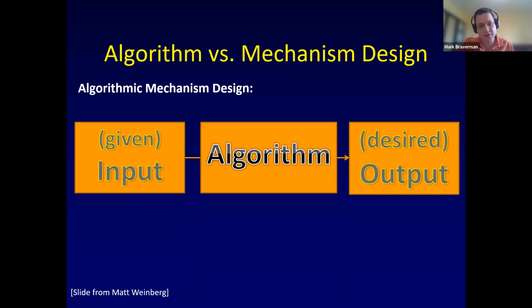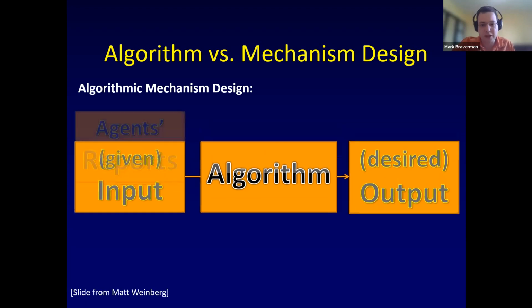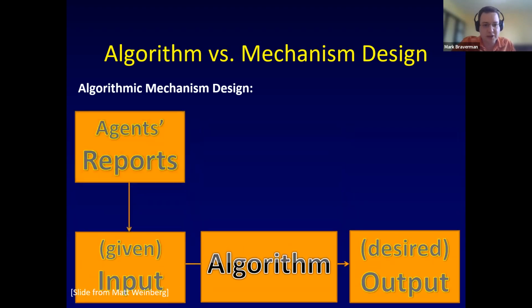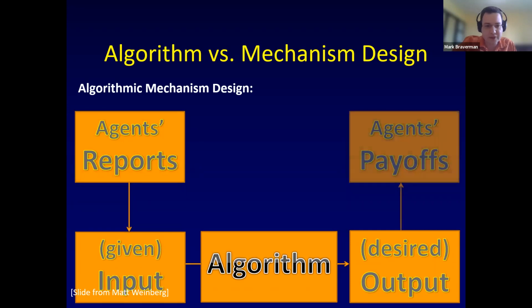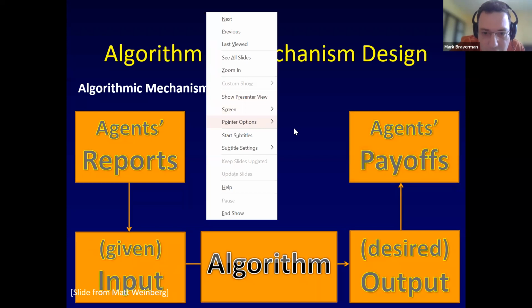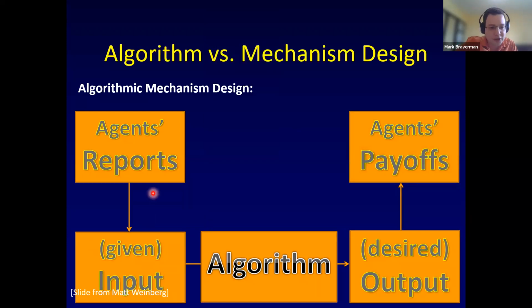There is a whole field, even when the output is just obtaining some objective, like in optimization. It's a huge field of algorithm design, with positive and negative results. Mechanism design adds an extra level, where the input is not given to us in some hard form, but is actually reported by agents who are interested in the output.